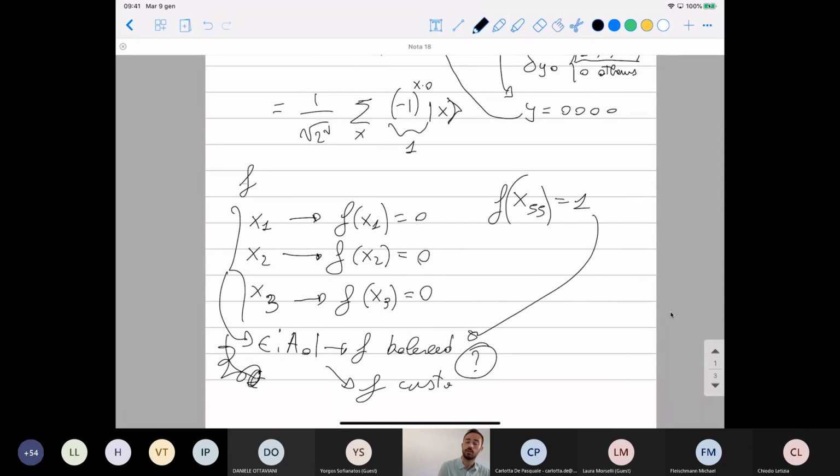As soon as you get 1, you know it is balanced. But you don't know when this may happen.